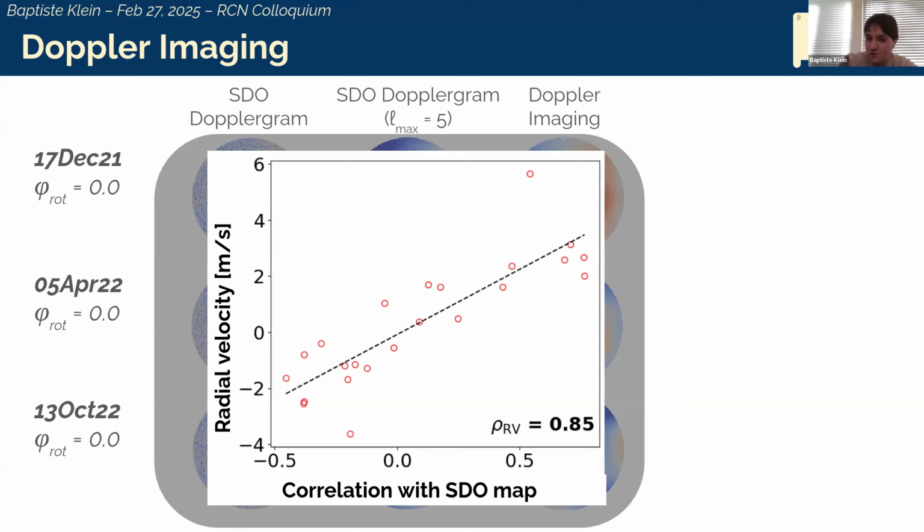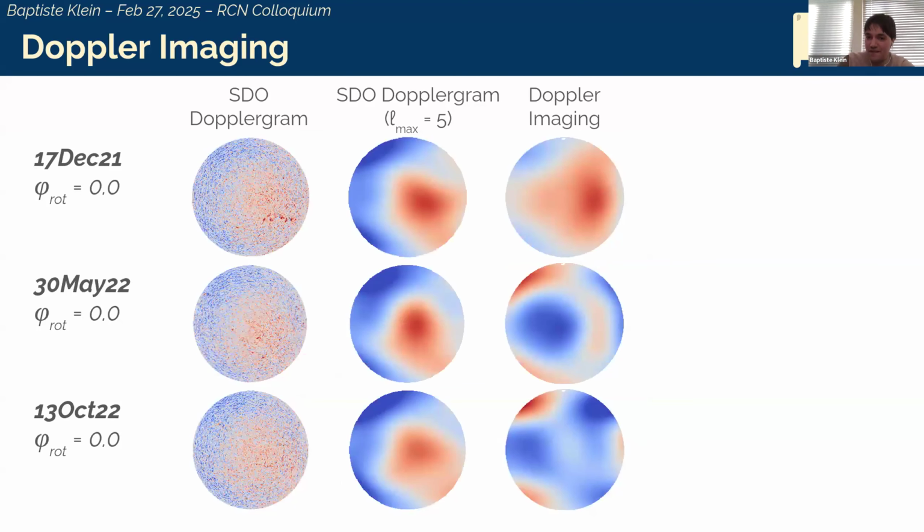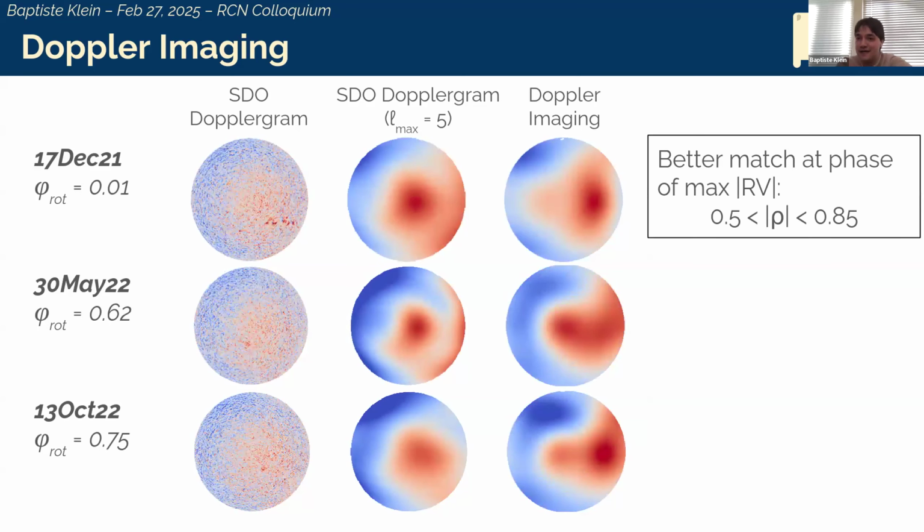So what we can now do is say, for each chunk of data, I'm going to take the maximum absolute value of the radial velocity, and now I'm going to compare the maps at the phase that maximizes this absolute value of radial velocity. So that's my comparison before, and once we take that, that's what we get.